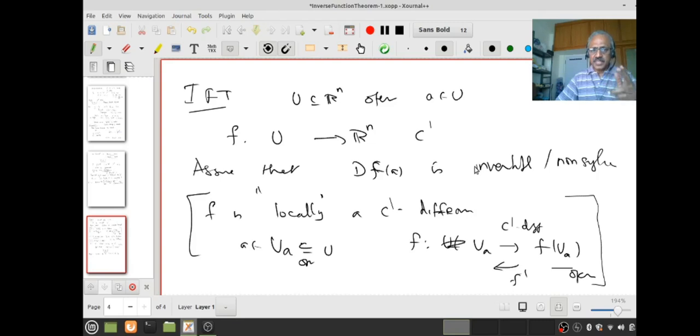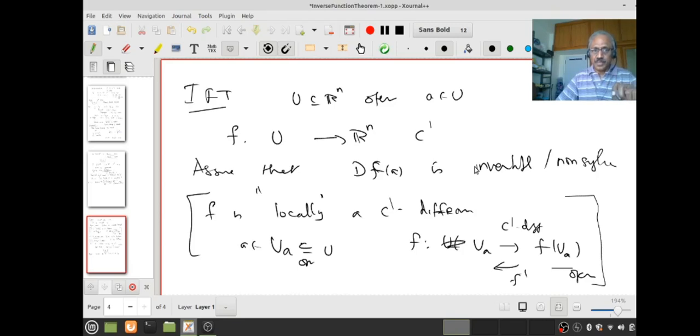Now f dash is continuous, and suppose f dash a is positive, then f dash x also should be positive. Therefore f dash is positive on the interval a minus delta to a plus delta. That means f must be strictly increasing. Therefore it's 1-1. Do you understand that?